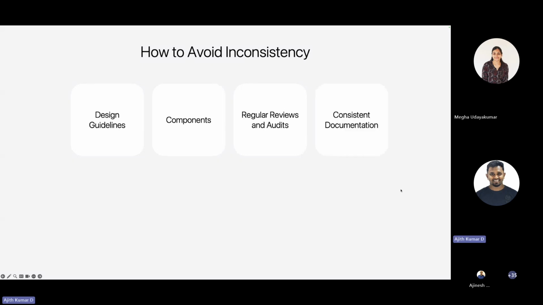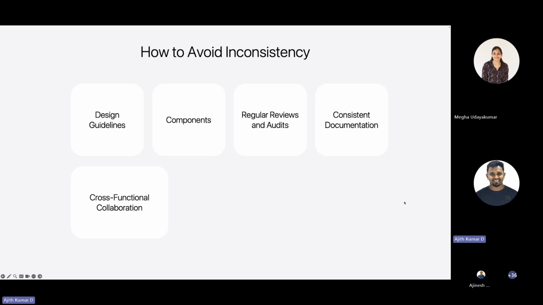Okay, next is consistent documentation. Keep all the design documentation up to date with the latest guidelines and components. Ensure that design documentation is easily accessible to all team members, including designers, developers, and stakeholders. Cross-functional collaboration.